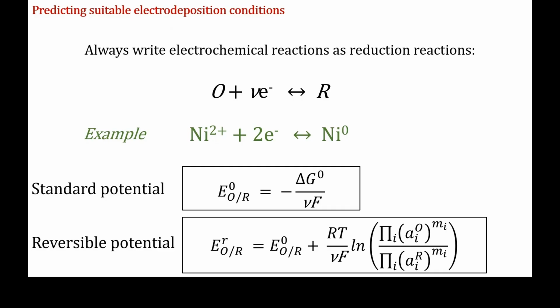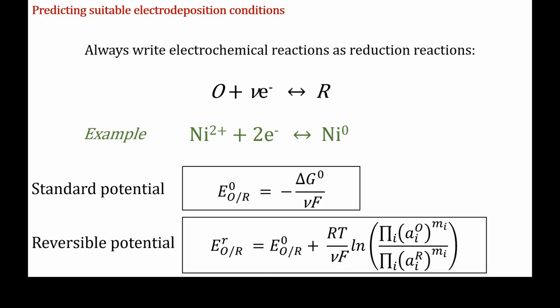You start to write down possible electrochemical reactions, and the usual starting point for that is to consult the electrochemical series, which presents some of the most common electrochemical reactions. And the one that we're actually interested in if we're trying to plate nickel is nickel 2 plus 2 electrons goes to elemental nickel. So simple. And then we start to work out what the equilibrium potential for this reaction is.